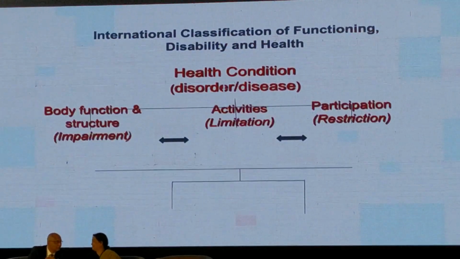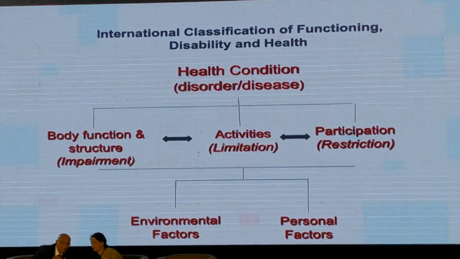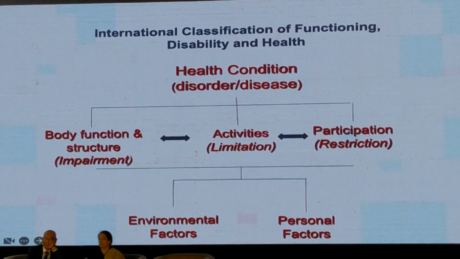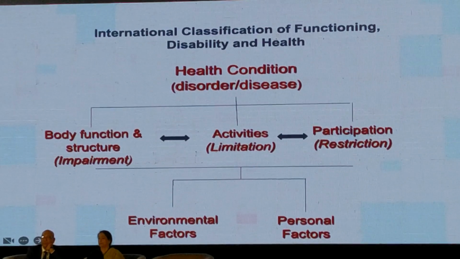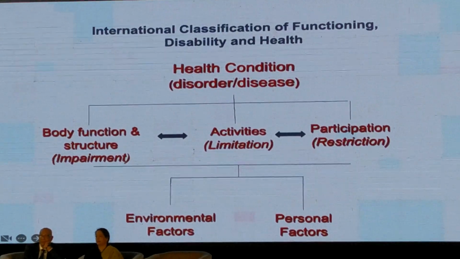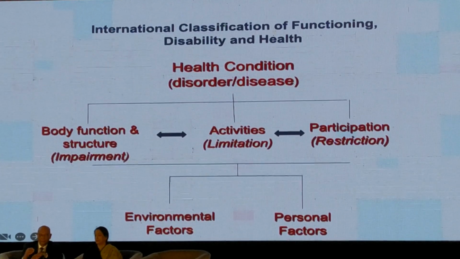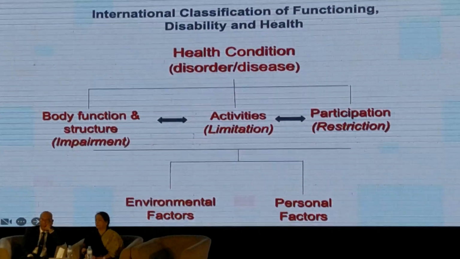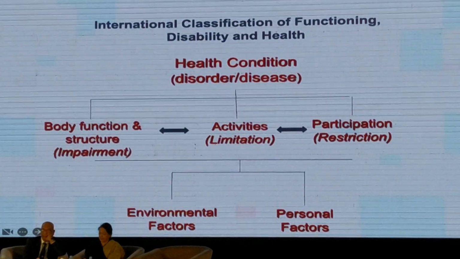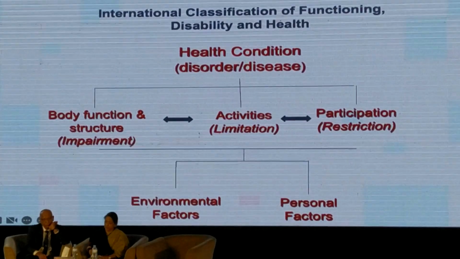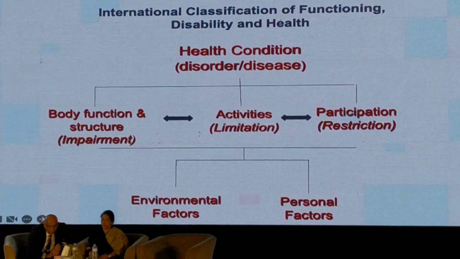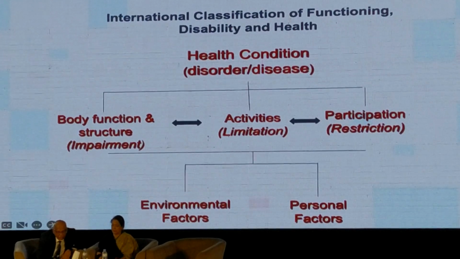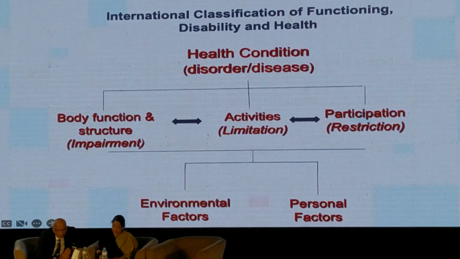And this is important because the International Classification of Functioning, Disability and Health gives us the broad framework and common language to classify function and disability. So while we are focusing on the classification of dystonia, we really also should be thinking about the classification of functioning and the classification of disability.